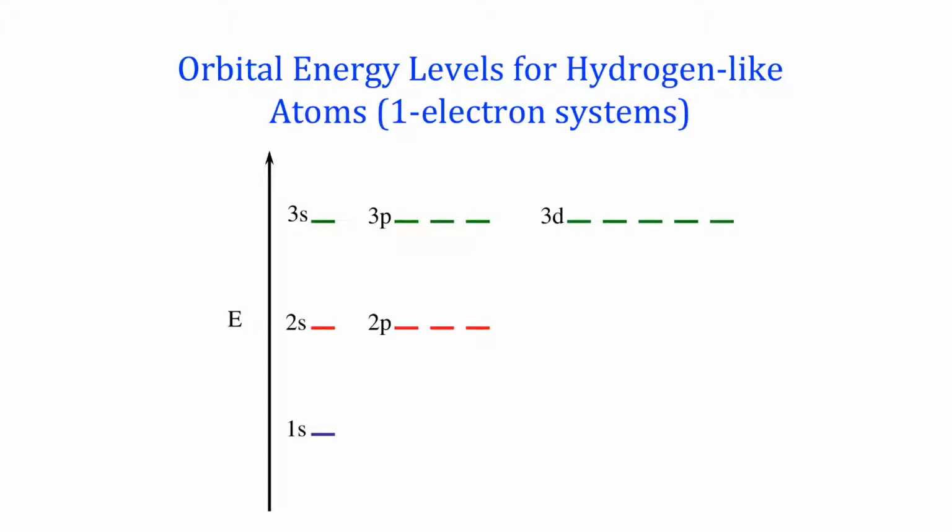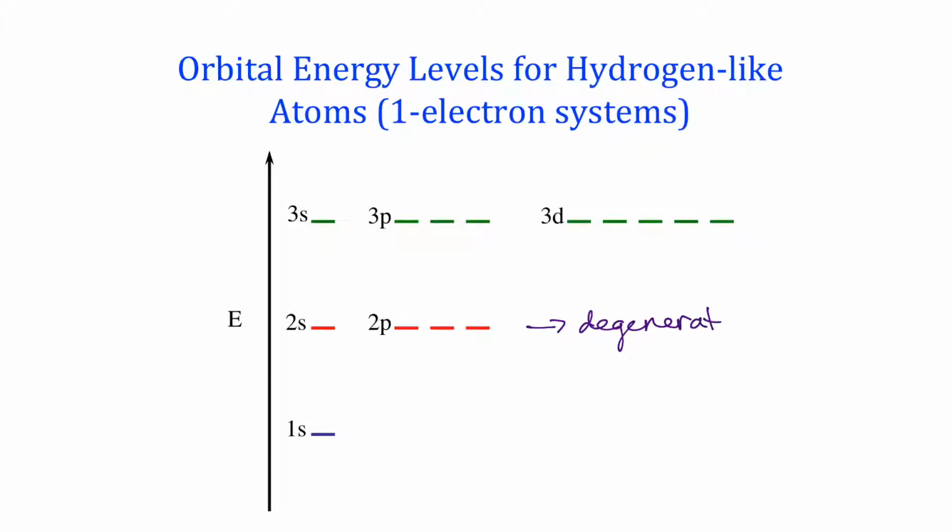What's distinct about this energy diagram is that all of the subshells, your s subshell, your p subshells, for a given energy level are all of the same energy. They're all on the same horizontal line, which means that they are what we call degenerate orbitals, or equal energy orbitals.